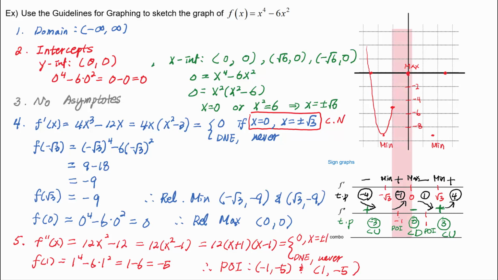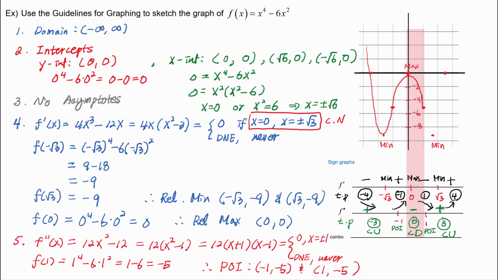Now from -1 to 0, f prime is still positive, meaning the graph is still increasing, but the concavity from -1 to 1 was negative, so it's concave down now. So I have to have an umbrella shape; the graph will be umbrella shaped here. Then from 0 to the other inflection point, (1, -5), the concavity is still negative and f prime is negative, so the graph is decreasing but concave down.